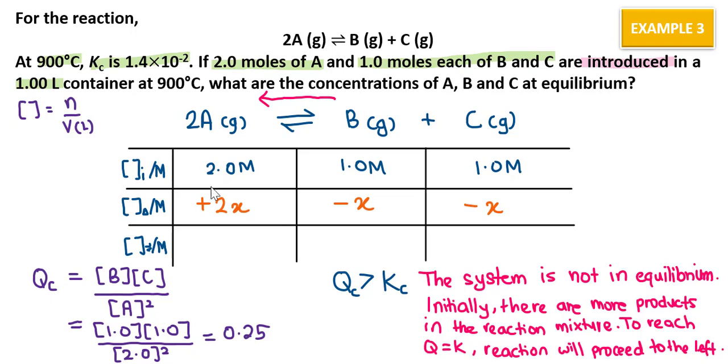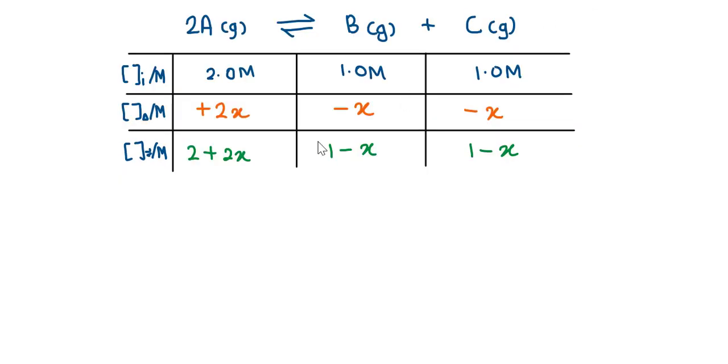So at equilibrium, the concentration of A is 2 molar plus 2x. For B, we have 1 molar minus x. C is also 1 molar minus x. To find the concentrations of A, B, and C at equilibrium, we need to find the value of x.